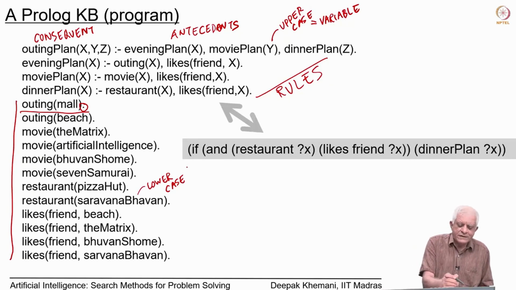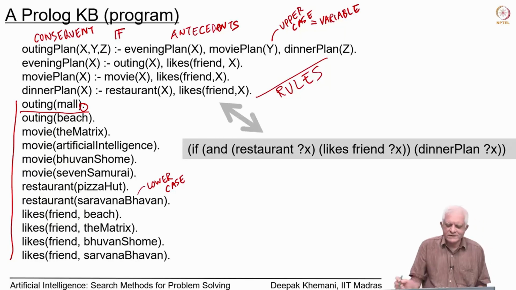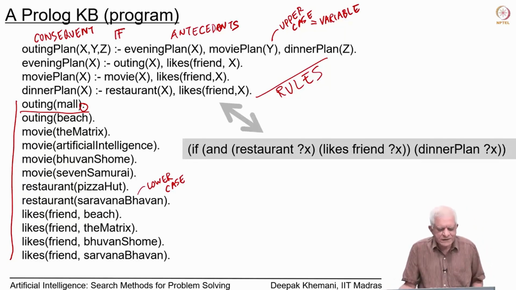Prolog inverts a rule and writes the consequent on the left hand side and the antecedents on the right hand side. So, the way to read it is the if version of a rule essentially. We have not looked at logic too much in detail, but essentially we are reading it as saying that the consequent is true if the antecedents are true.